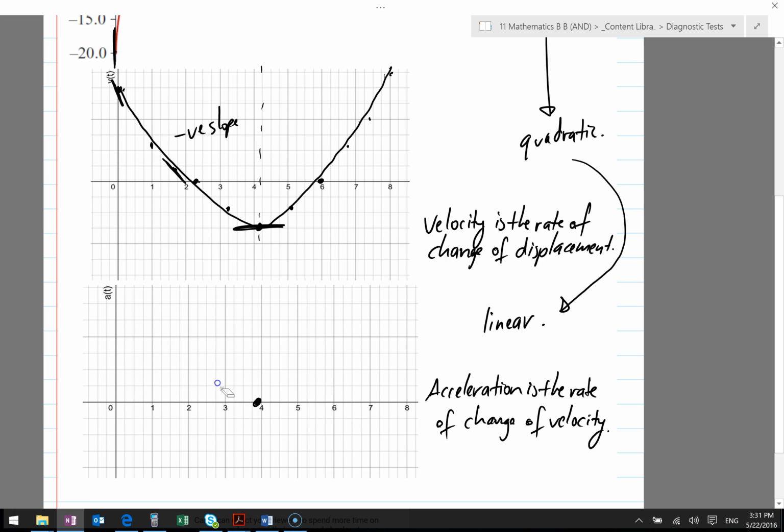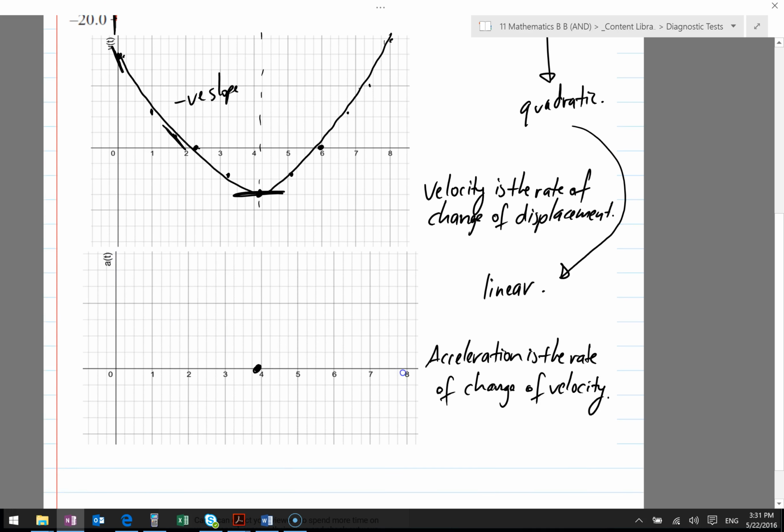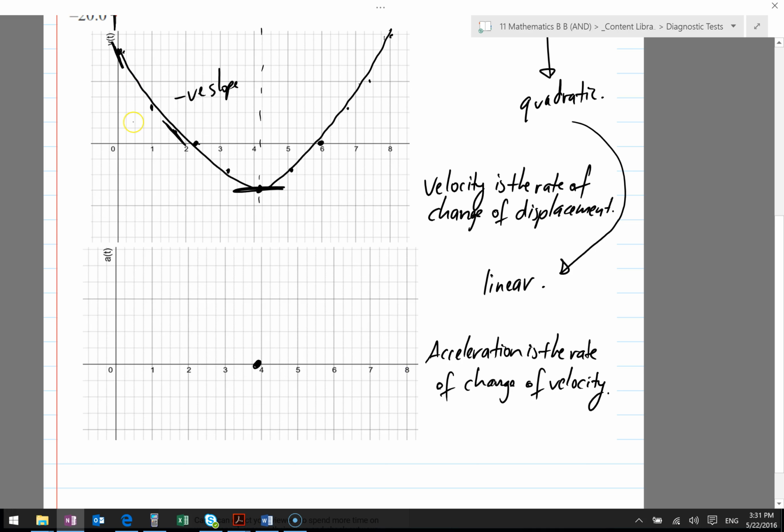Okay, don't make the same error that I made just then. It's a negative slope. Remember, this is telling me the slope. So it starts off as a negative value and gets less negative as we go up.